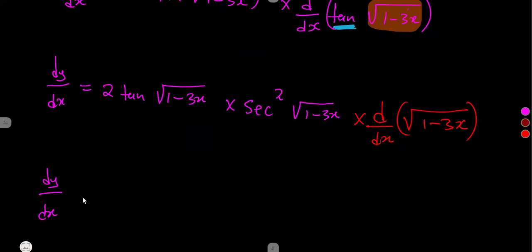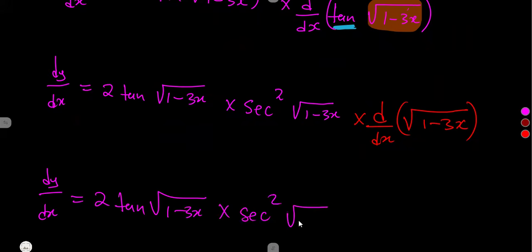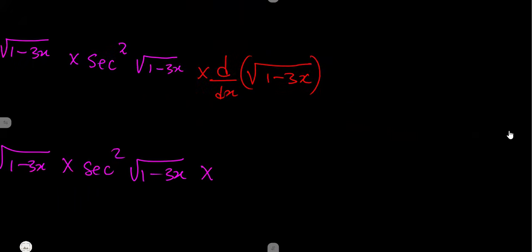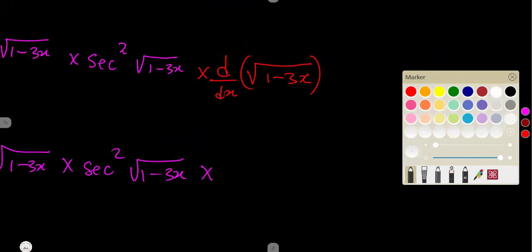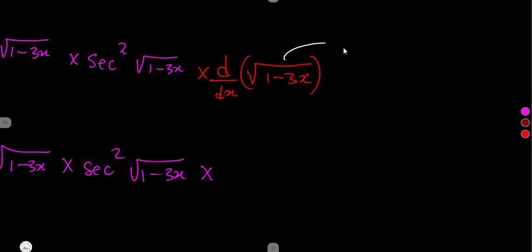dy/dx is going to be what this time? 2 tan of the square root of 1 minus 3x times sec squared of the square root of 1 minus 3x times, we are differentiating this. But as we are differentiating this part, remember how it can be written as 1 minus 3x to the exponent of a half.